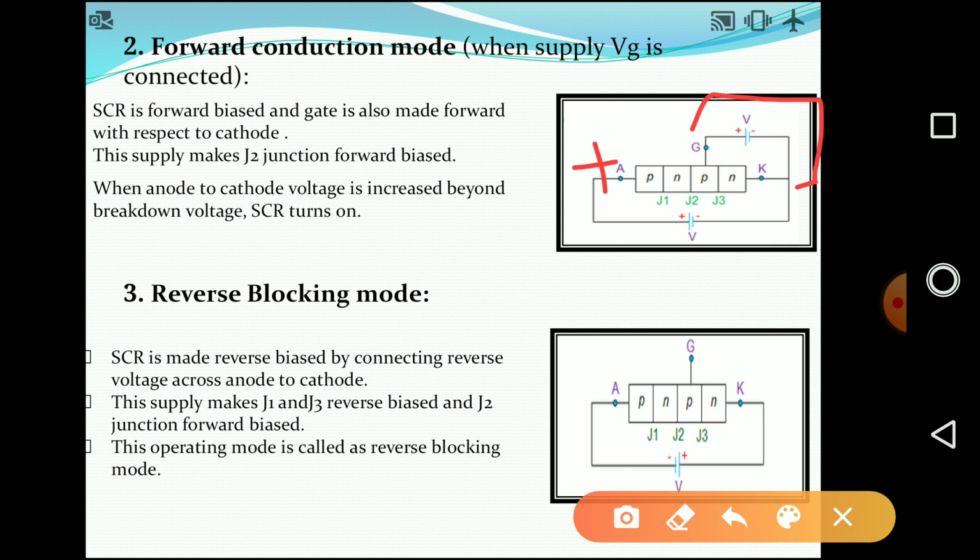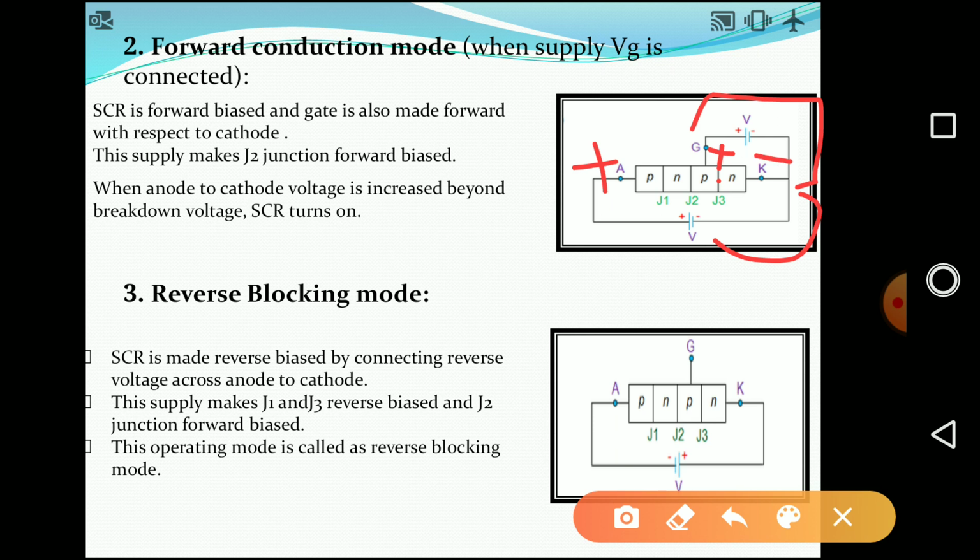The gate terminal is connected to the inner P layer, and to make J2 forward biased, the P layer must get positive supply, and the negative supply is connected to the cathode, because we are already connecting negative supply to the cathode. So the gate supply's negative terminal is also connected to the cathode. The positive terminal is connected to the inner P layer, that is, the gate terminal.